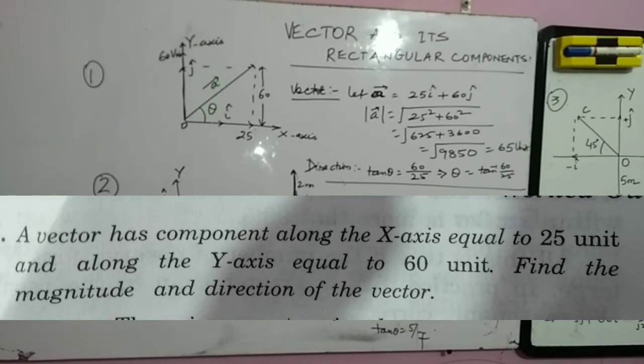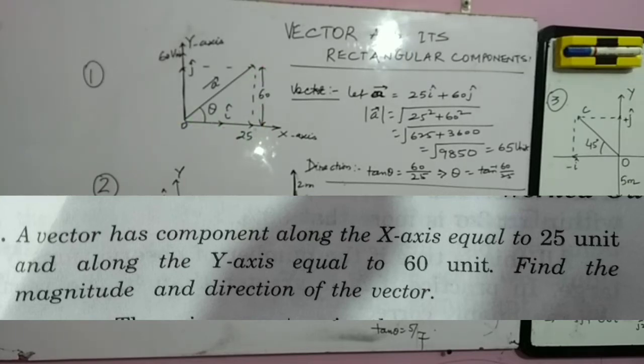What will be the direction? We can take the angle theta, which will give you the direction, right? From the vector definition, we know that the direction angle will be between the resultant and one of the vectors. This vector A is the resultant, so tan theta will be equal to height upon base.